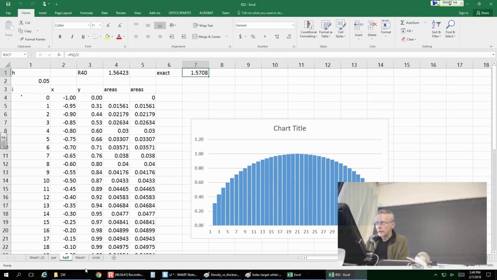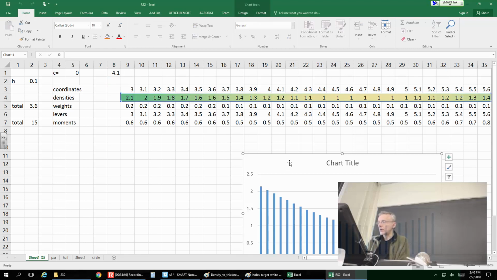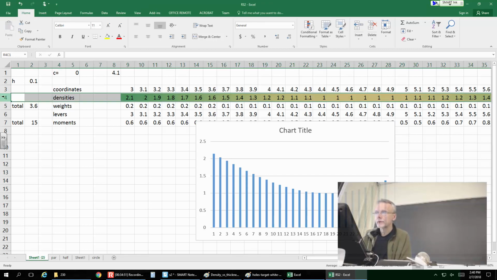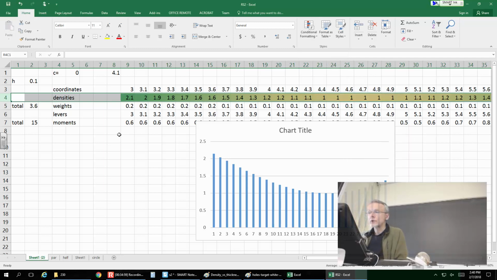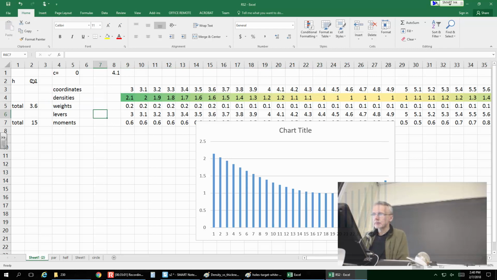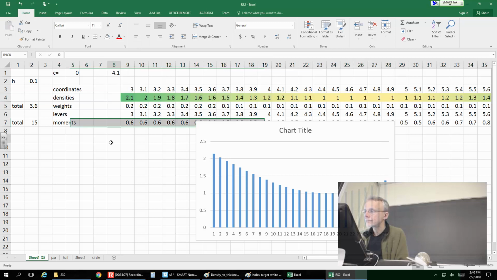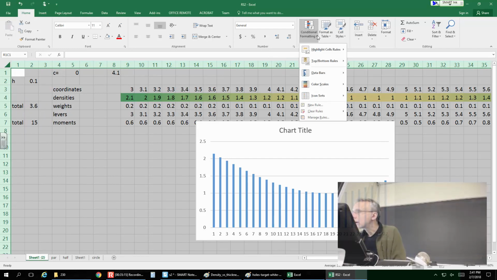So forget about the rod. That's where we started, with the rod. We don't really care about the rod anymore. So let me, if it is possible, clear rules. Okay, there it is. So there is no rule.